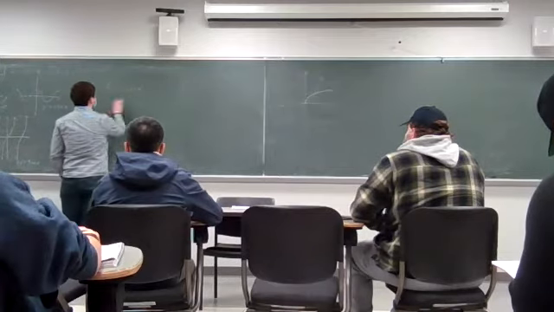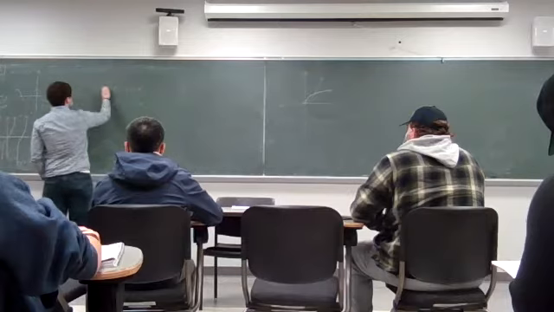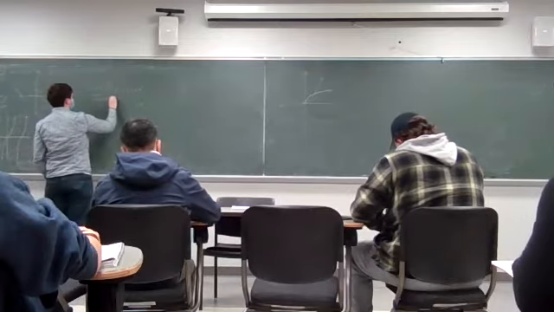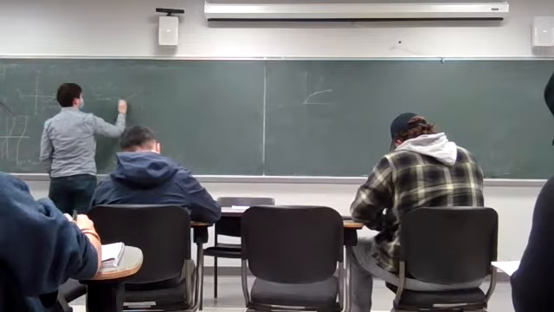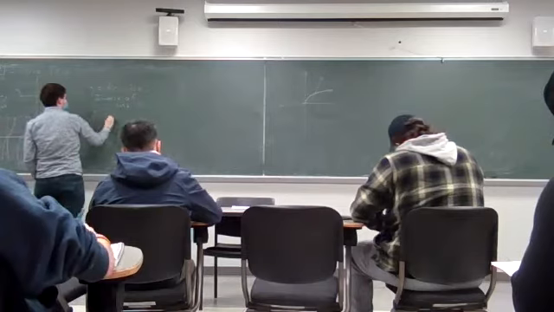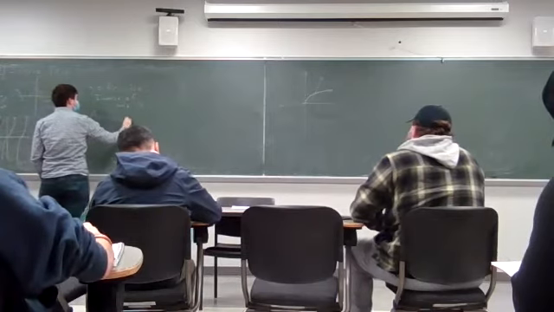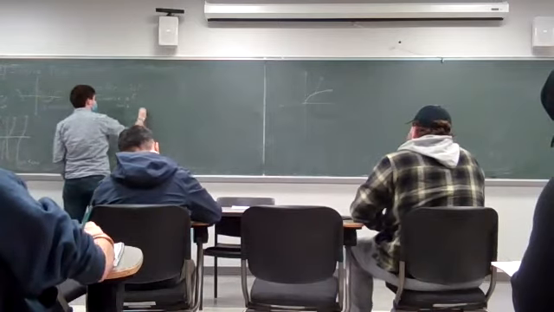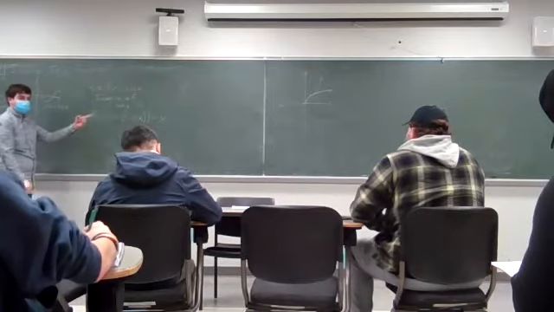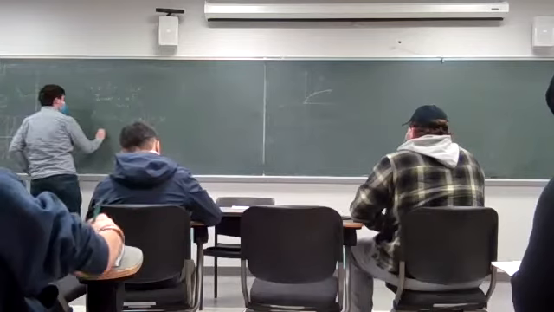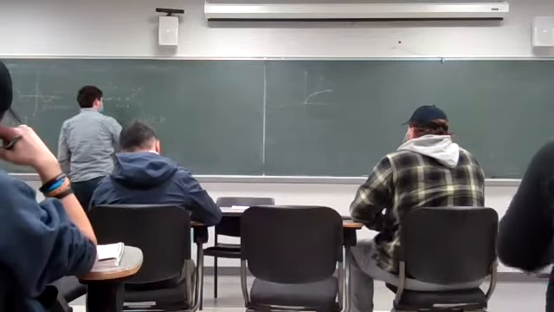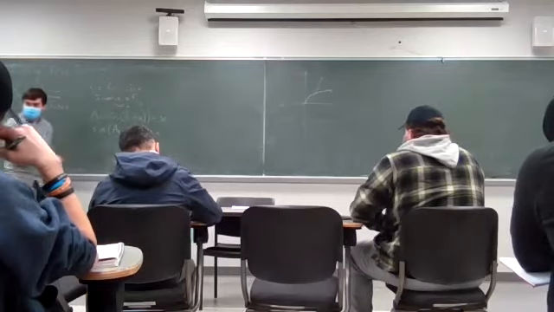So y equals Arc sine x is the inverse of sine. That means that if I take arc sine of x, that's going to give me x. And similarly, if I take sine of the arc sine of x, that'll also give me x.